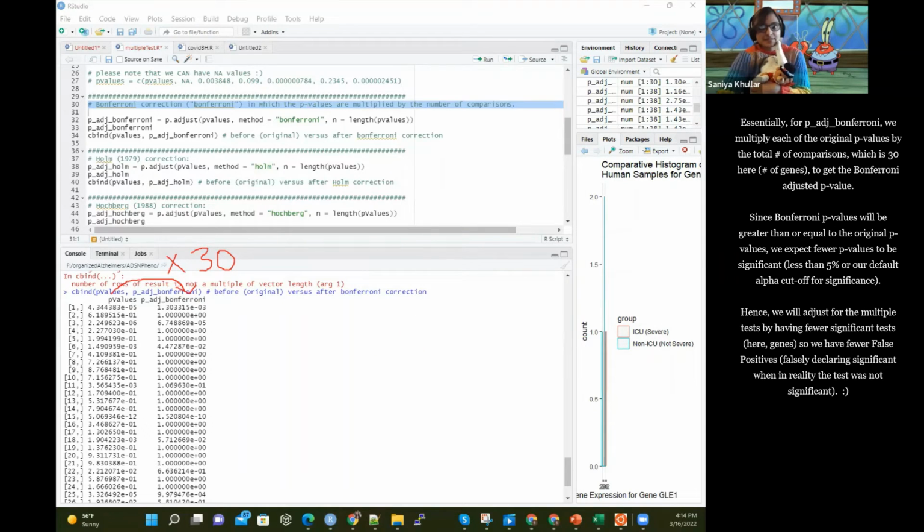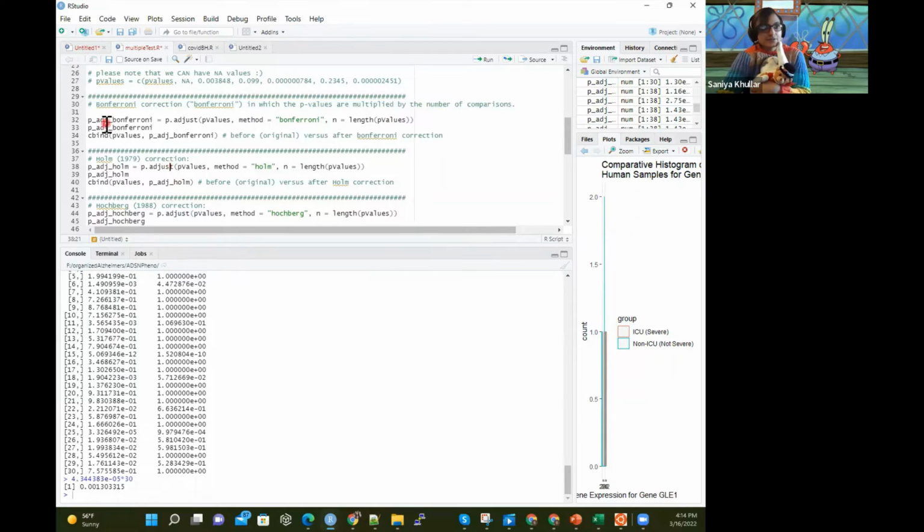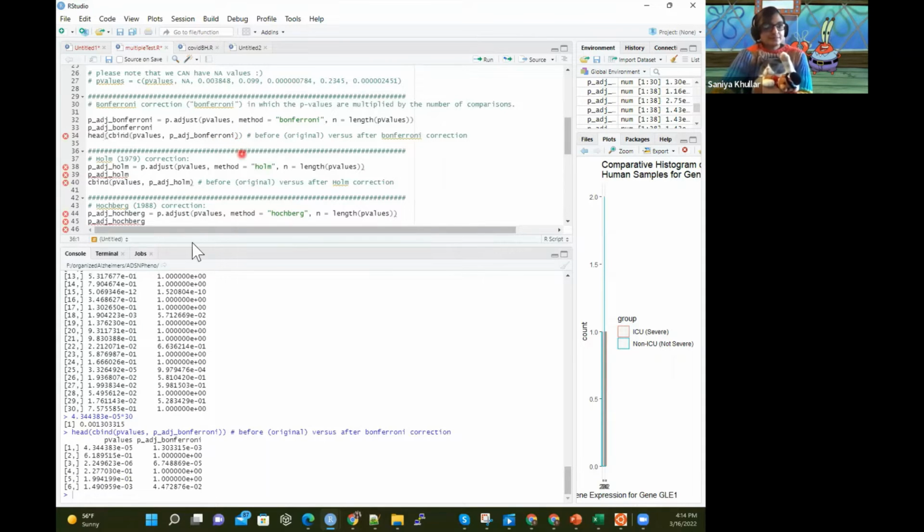So for instance, let me show you the head of this. This is the first few rows. This is a very nice method. So this is the head, and we can see that if we multiply this value right here by 30, we'll get this value right here.